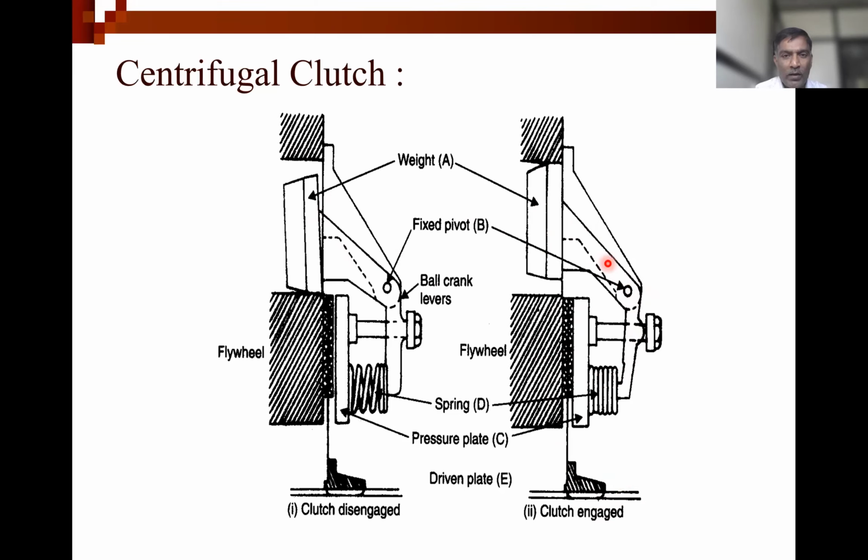As speed reduces, whatever flying weights, they will get their initial position.